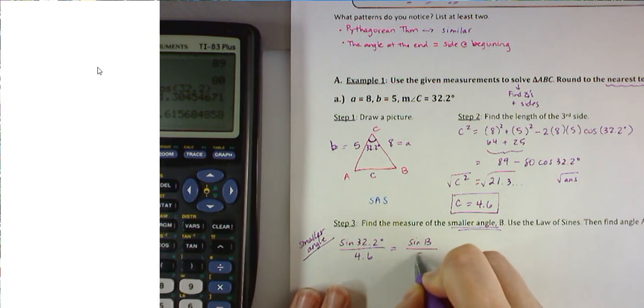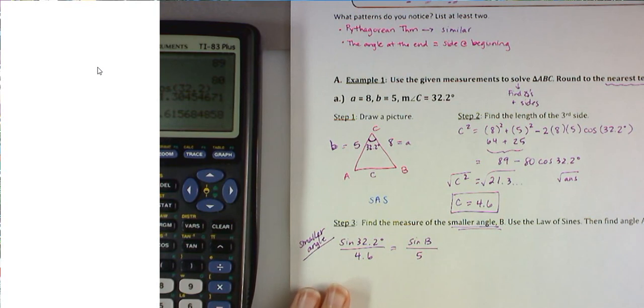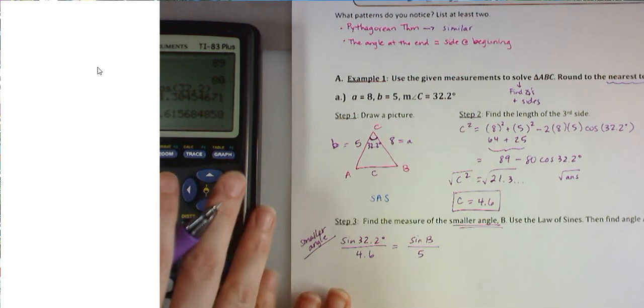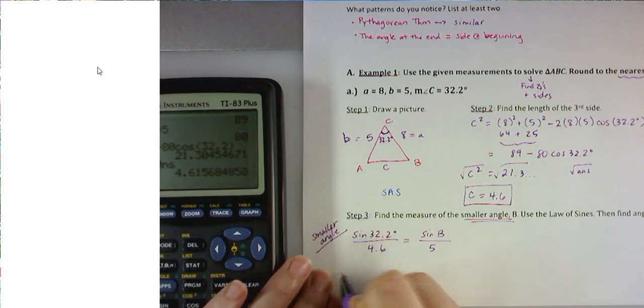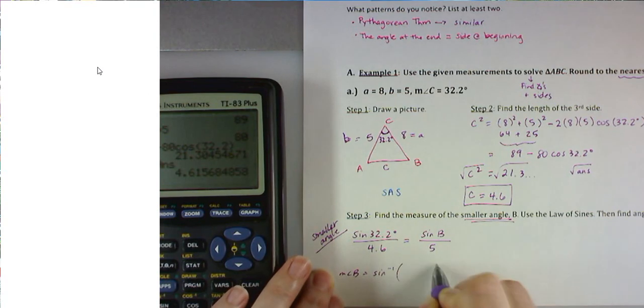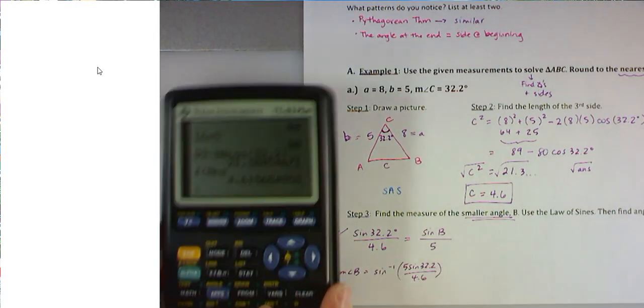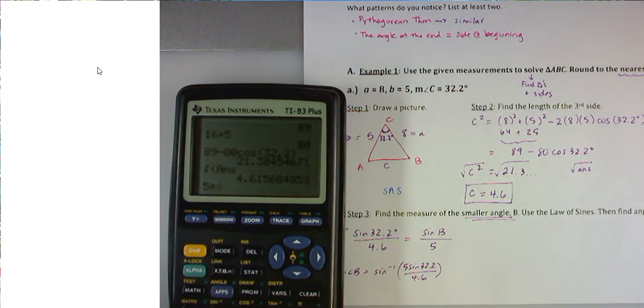Okay, so then if I'm finding the measure of angle B, I'm doing the sine inverse of 5 times the sine of 32.2 divided by 4.6. So 5 times the sine of 32.2, close your parenthesis, divide by 4.6, and then I'm doing the sine inverse of that. You can put it all in at one time too, I just didn't for that one.